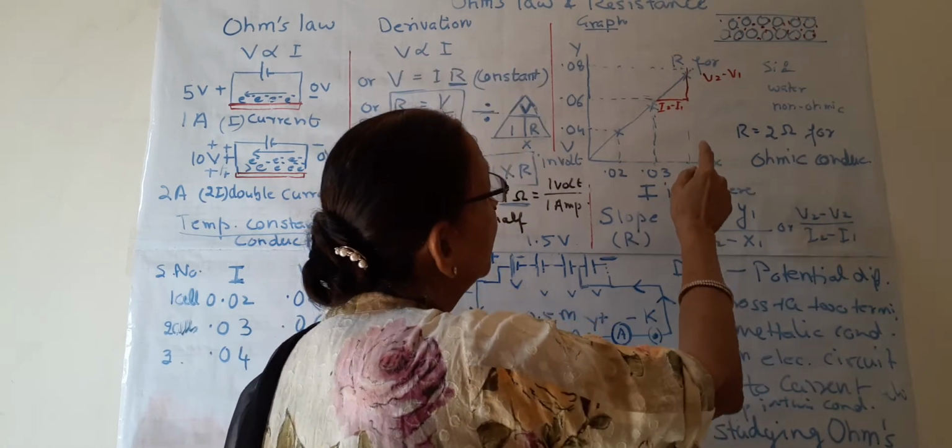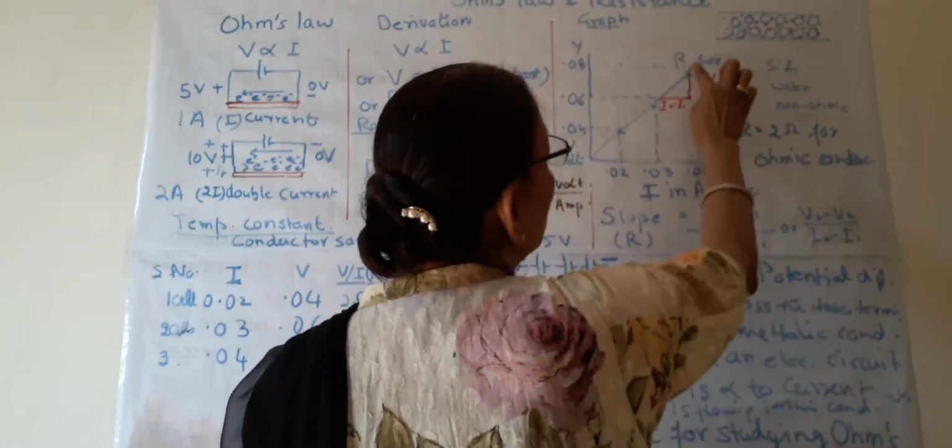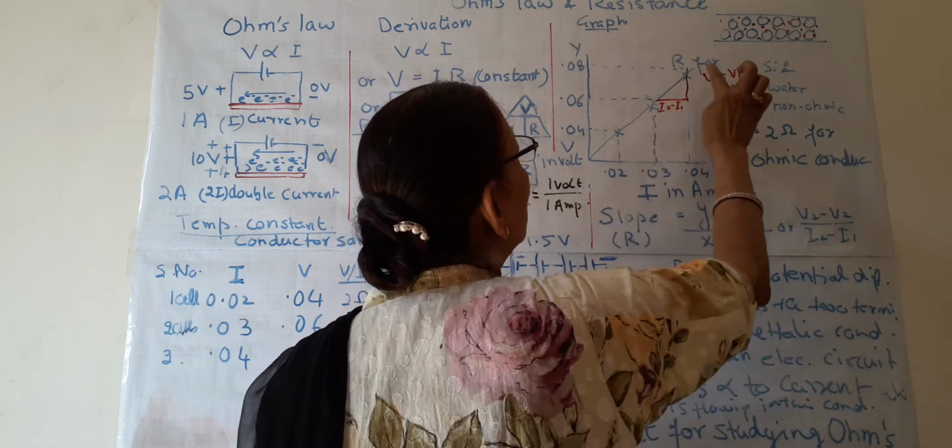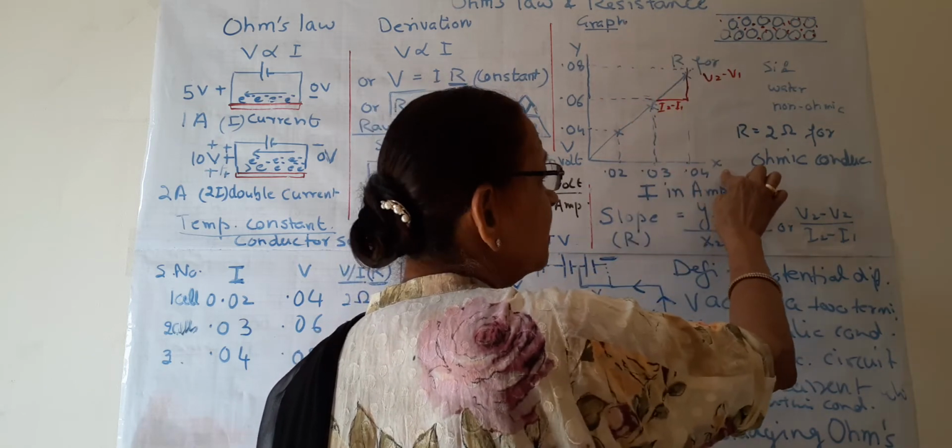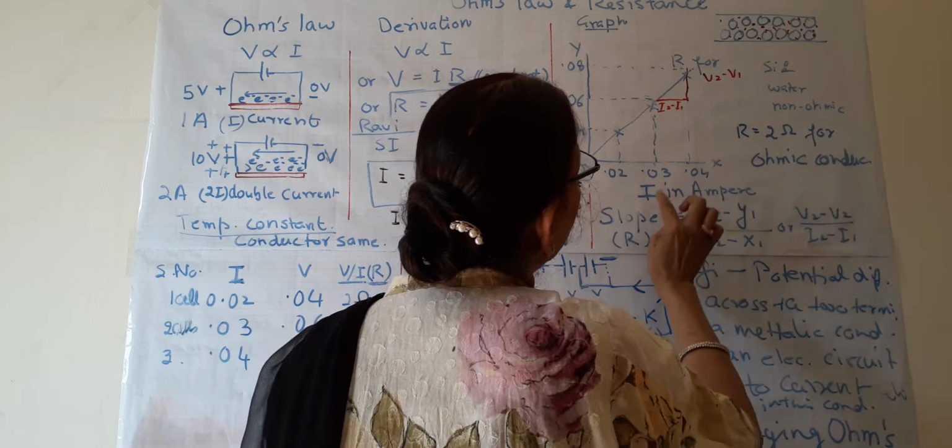R is calculated by the slope of the graph, all of you know. This slope is y upon x. Here y is V and x is I.